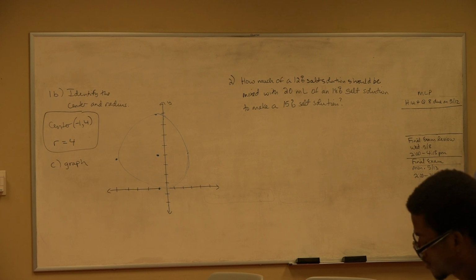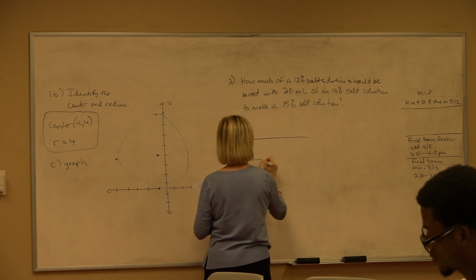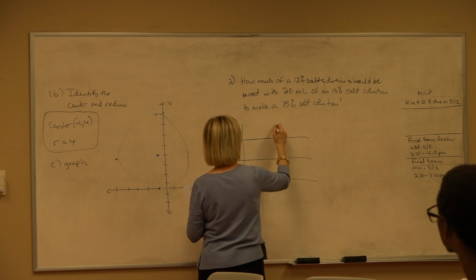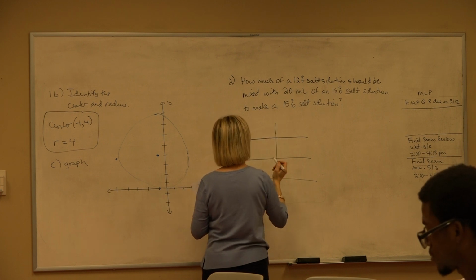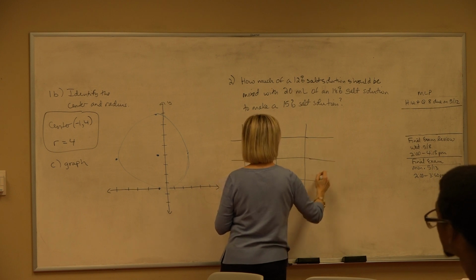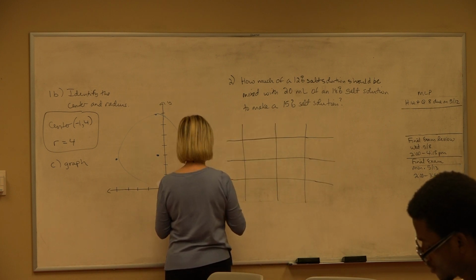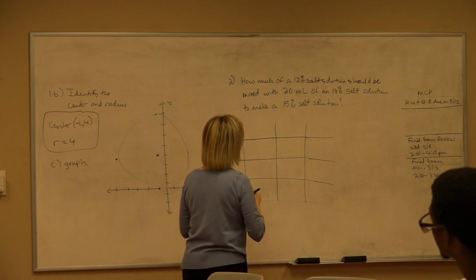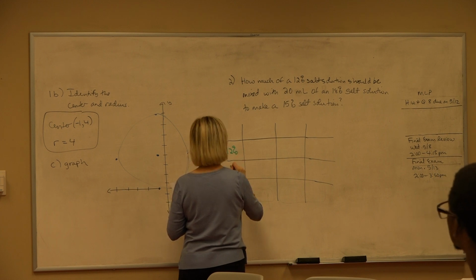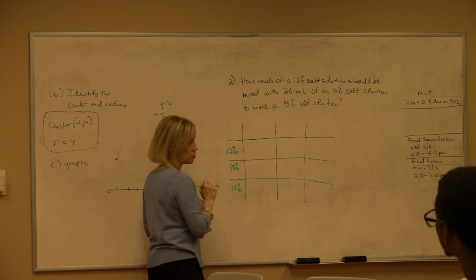Okay, so we're gonna make our table here. You want to put what you're mixing along the left. So what we are mixing is a 12% solution with an 18% solution to get a 15% solution.